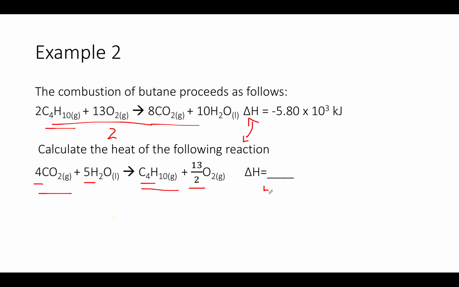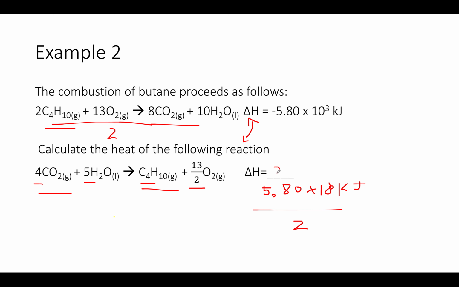So first, we flipped it, which means that we're going to change the sign from negative to positive 5.8 times 10 to the third kilojoules.